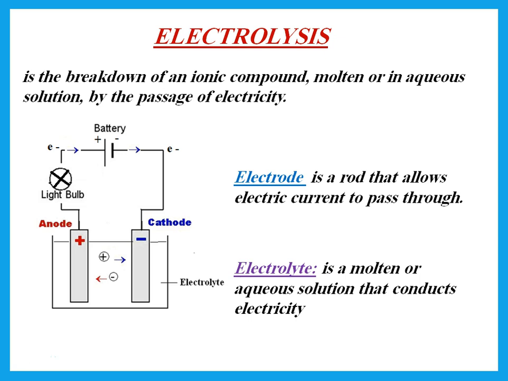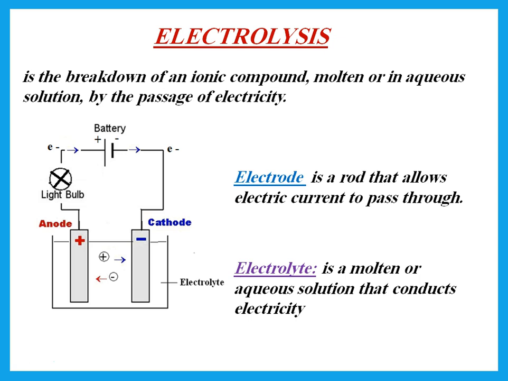Remember that the electrode connected to the positive end of the battery is the positive electrode, and it's referred to as the anode, and it will attract the negative ions. Now, the electrode connected to the negative end of the battery is the negative electrode, and it attracts the positive ions. Please note the flow of electrons in the wire.